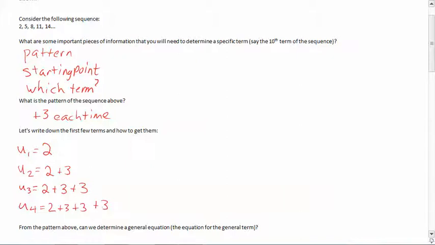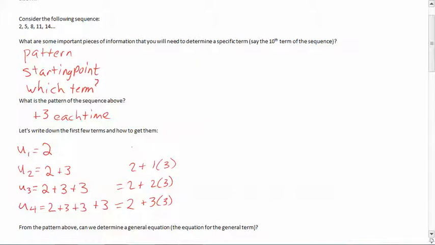And so hopefully you can recognize now this is 2 plus 3 times 3. So here we go, so this is equal to 2 plus, and then 3 3's. This one is 2 plus 2 3's. This one is 2 plus 1 3.